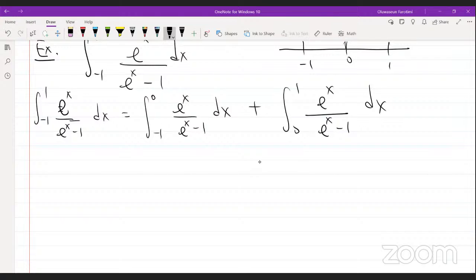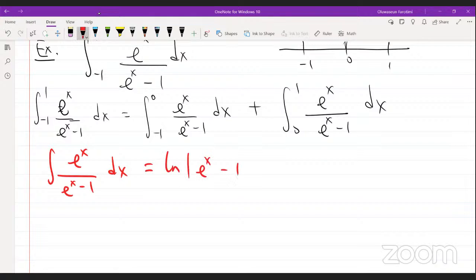But the integrands are the same and the bounds are different, so why don't I just work smart? Check this guy first. Remember, if I differentiate the bottom, it gives me the top. So that becomes the ln of the bottom.